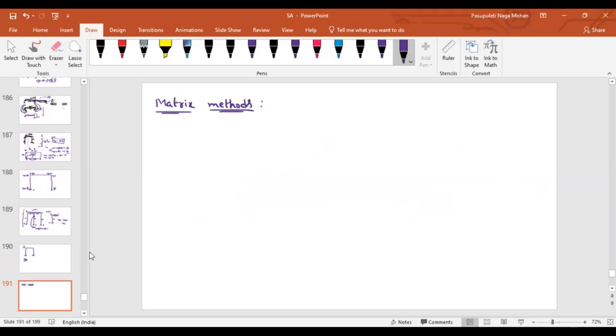As we have already discussed, you can solve this by using either the stiffness method or the flexibility method. Already we have seen the relation that stiffness is equal to 1 by flexibility, or flexibility is equal to 1 by stiffness. If you find one component, then the other component can be easily found.